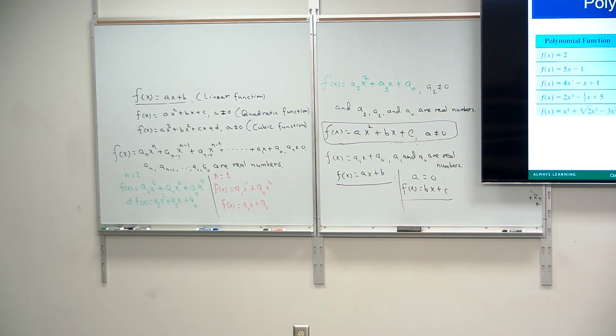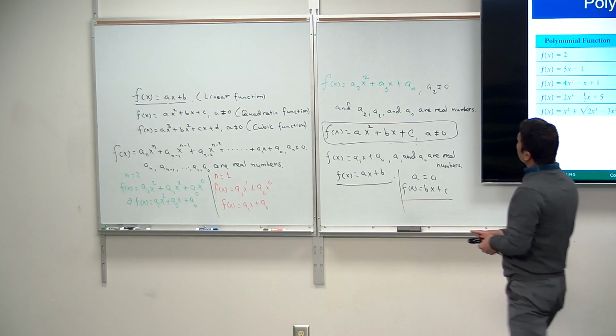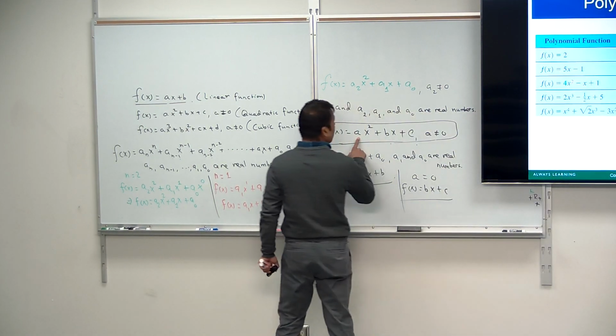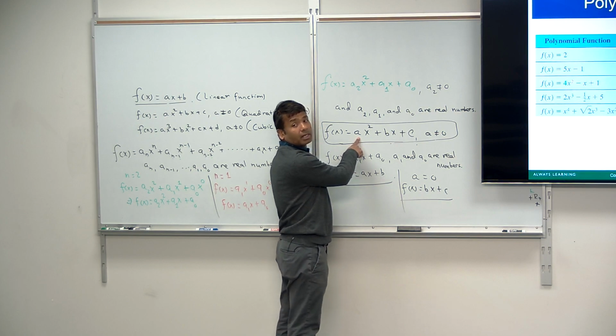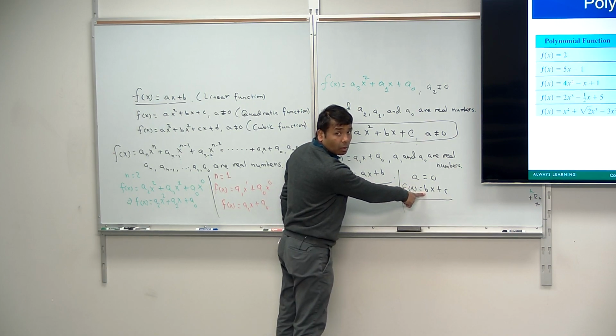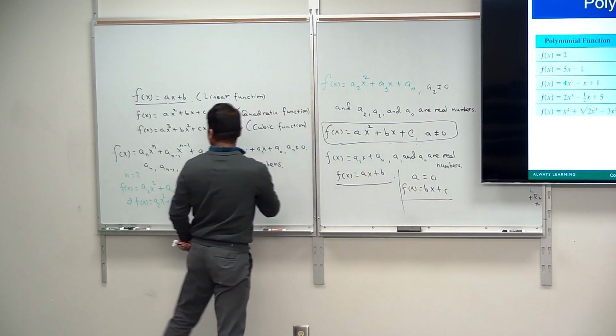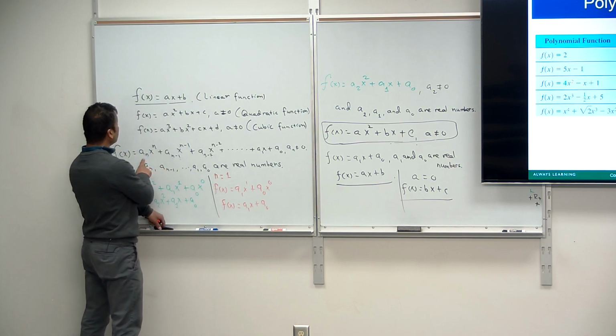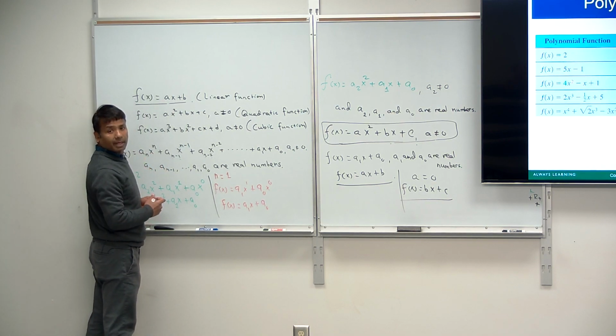And what you need to know is, this a here, the coefficient of x squared, is the leading coefficient. And here this b is a leading coefficient. This a_n here is the leading coefficient. Does that make sense?